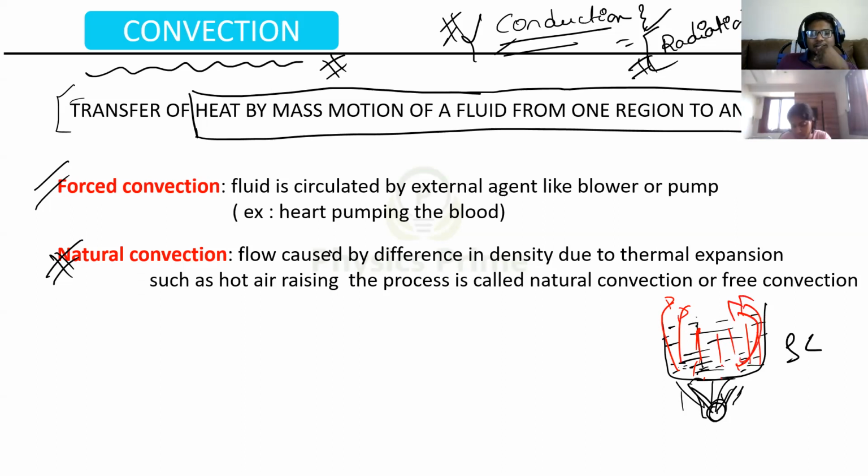Then what happens later on? These denser molecules, being in contact with the burner, become lighter as the temperature increases, and again these high temperature molecules go up. Like this, the molecules travel from one place to another in this region, and the heat is transferred. Got it?